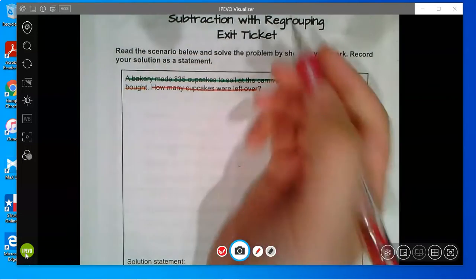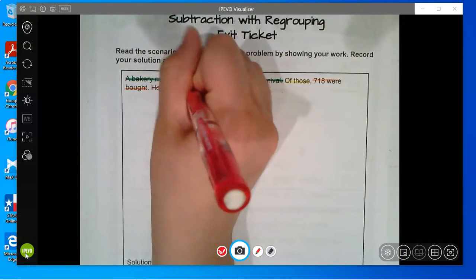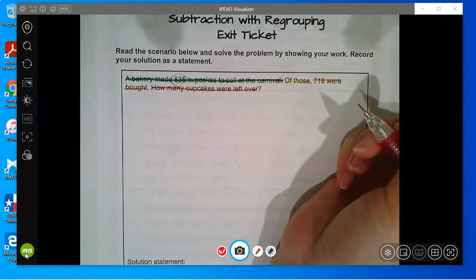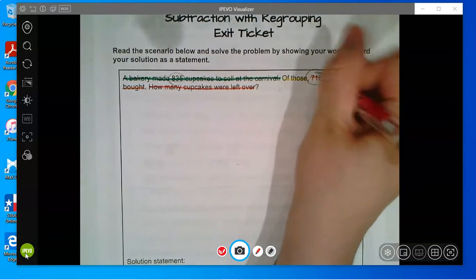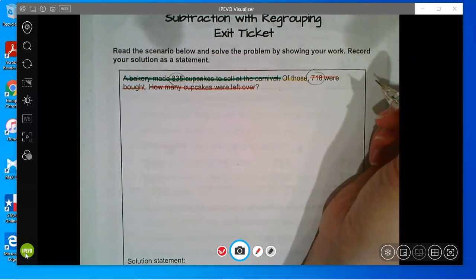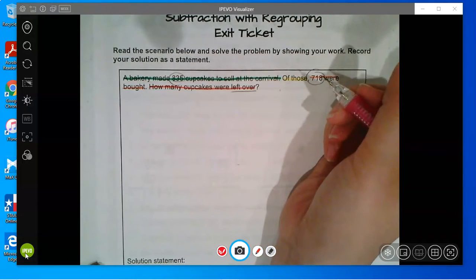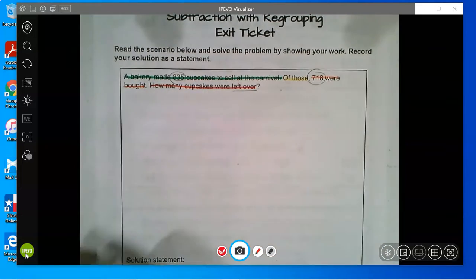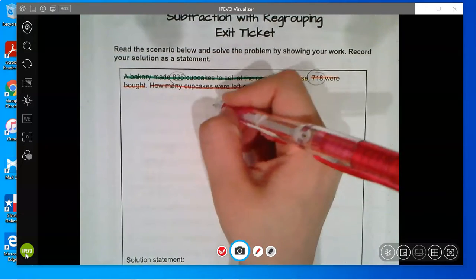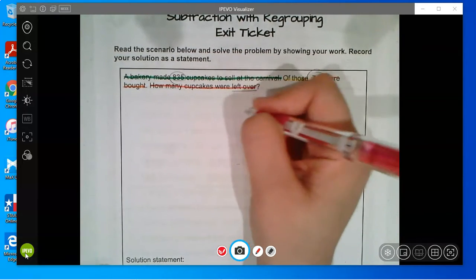So if I started out with 835 cupcakes and 718 were bought, that means someone came and took them. And I want to know how many cupcakes were left over. I'm going to subtract. And guys, you can do it where we need to set up our problem.